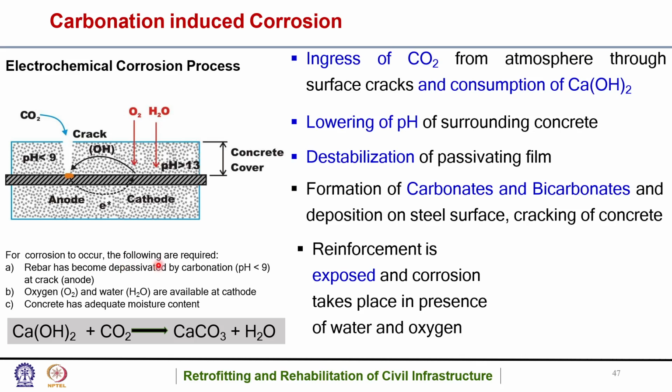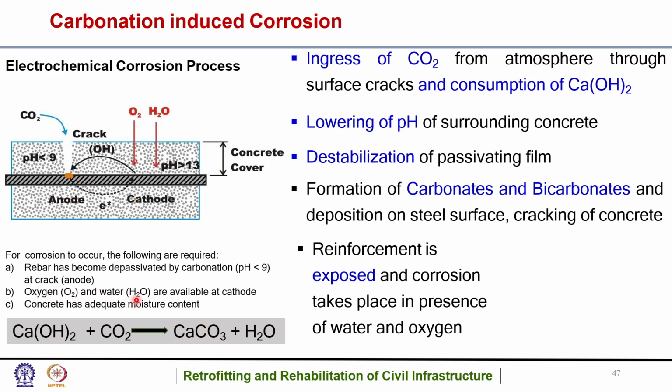For corrosion to occur, the following are required: the rebar has become depassivated by carbonation, that is pH less than 9 at the crack, which is the anode. The cracking has occurred due to the formation of rust products, which is basically ferrous hydroxide, and also due to the formation of calcium carbonate, because it is occupying extra space.